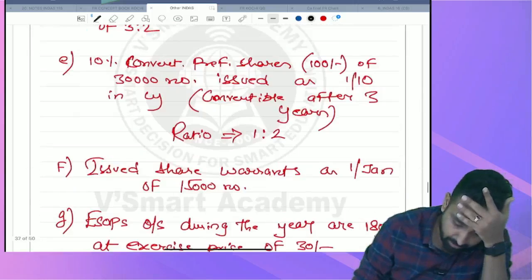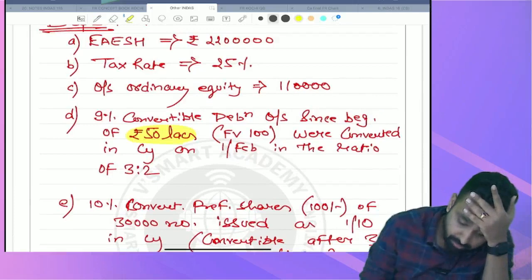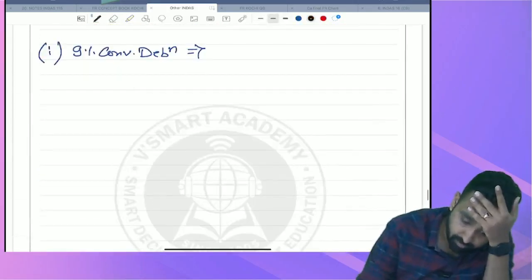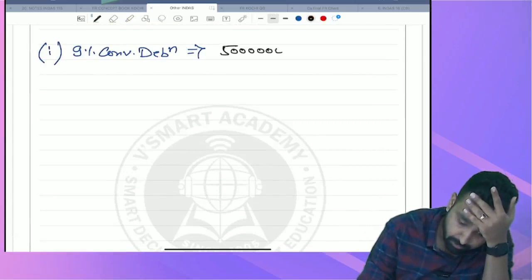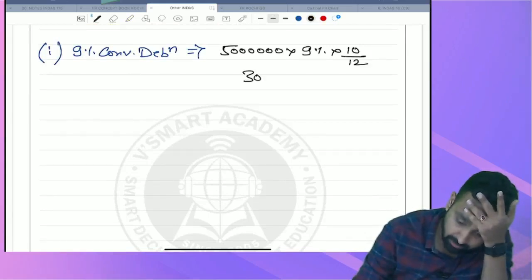As per the example, the convertible debentures outstanding are 50 lakhs, 9%. 50 lakh, 9% into 10 by 12. 3 lakh 75,000. This is the numerator.